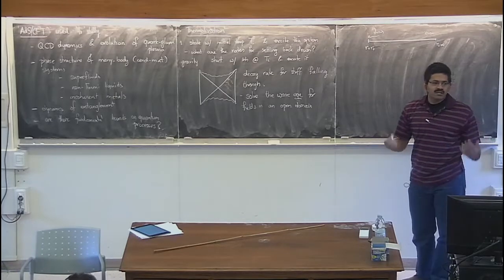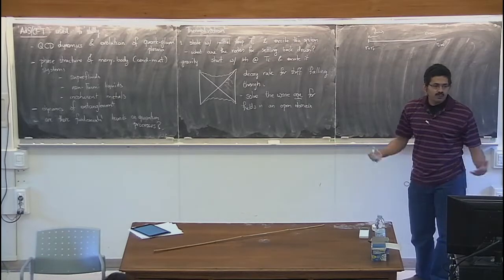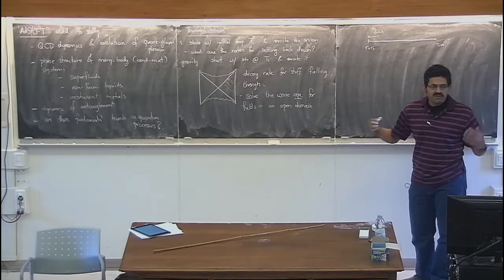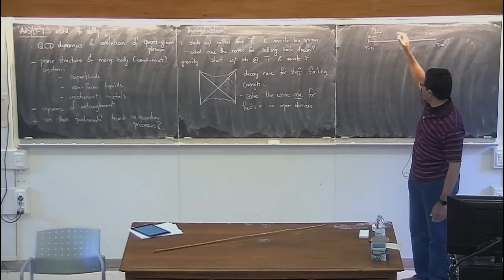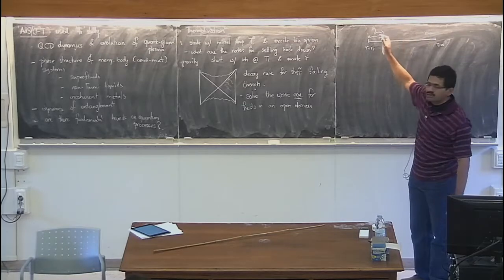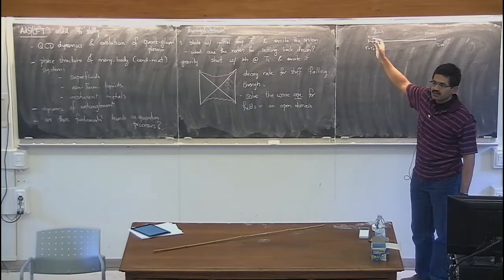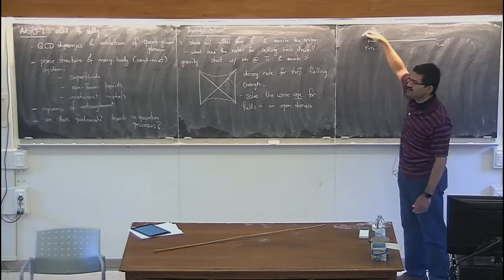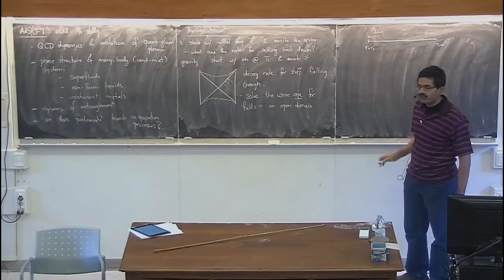So if you solve open quantum problems, if you solve for the spectrum, because of the open boundary conditions, you won't get real eigenvalues for the energy. You'll get complex eigenvalues because stuff is disappearing. Okay?